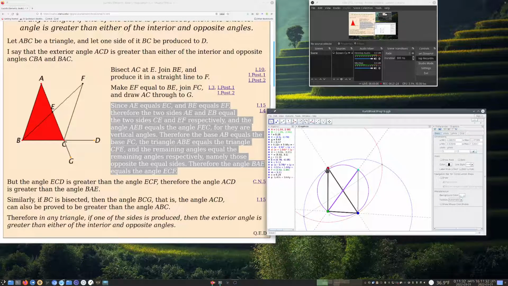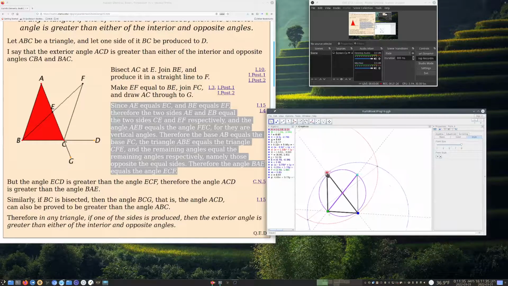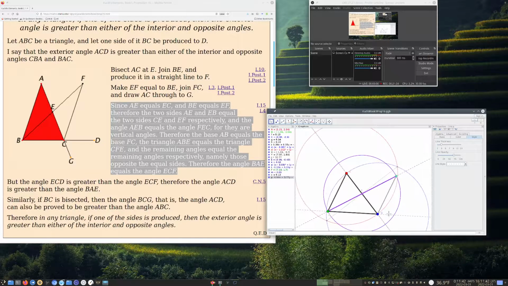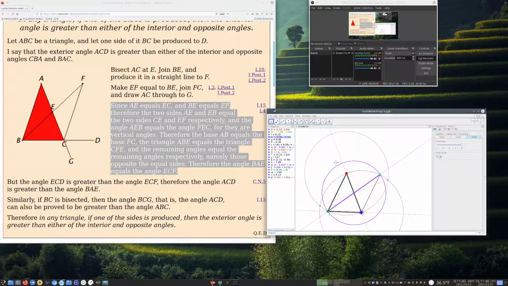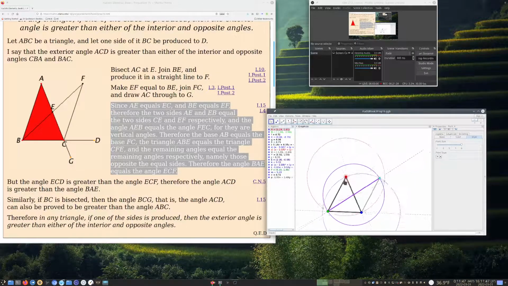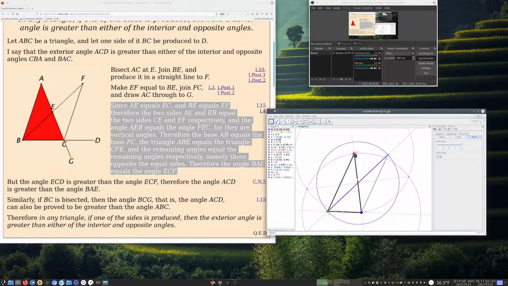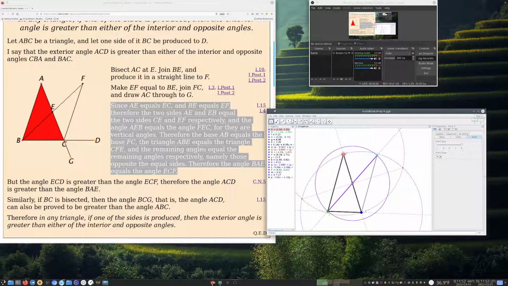Okay, there we go. All right. That's odd. Therefore, the angle BAE, so the red angle here, equals the angle ECF, the blue angle down here.